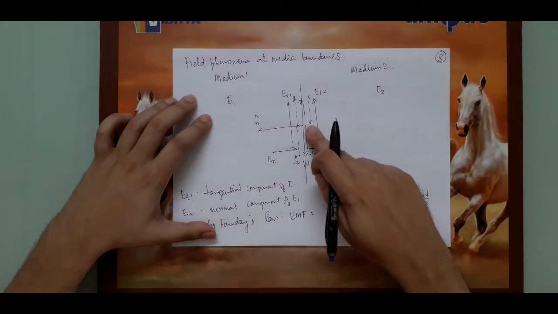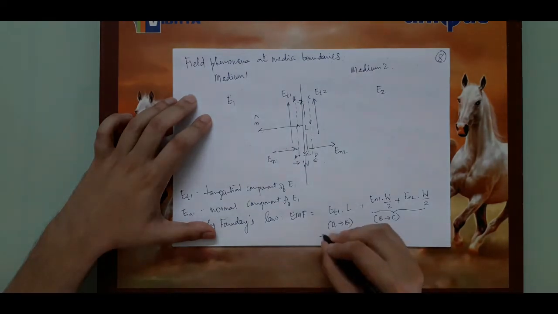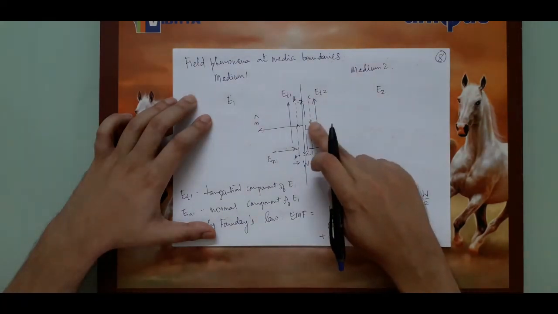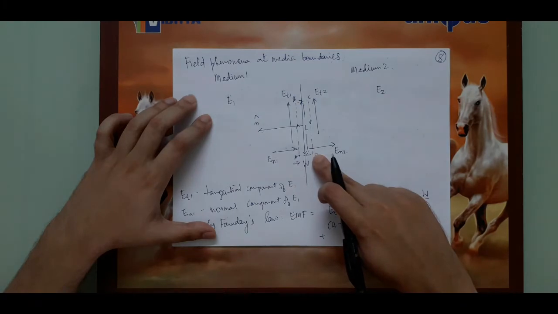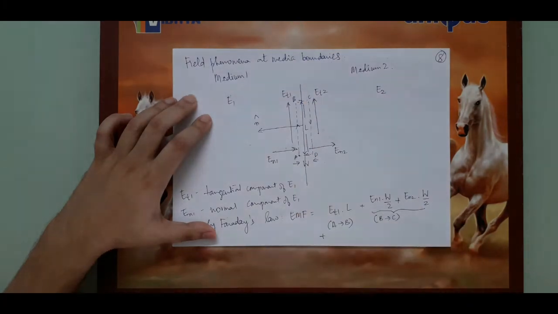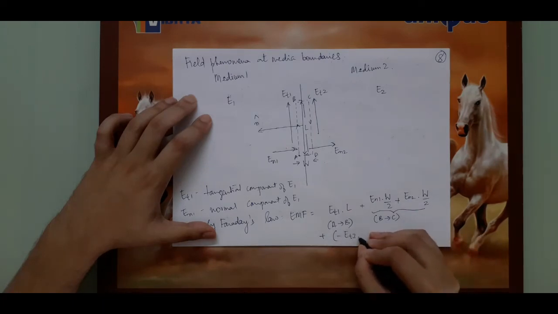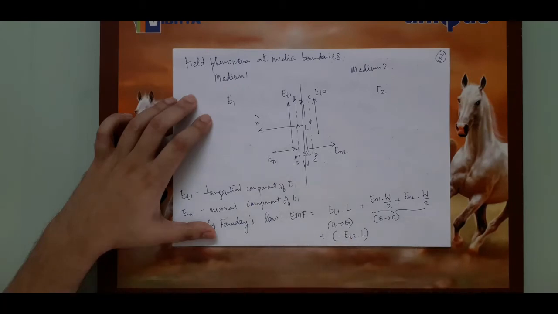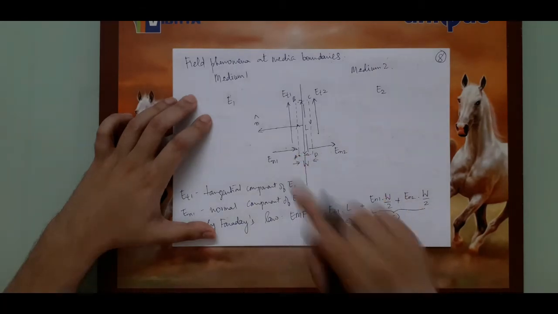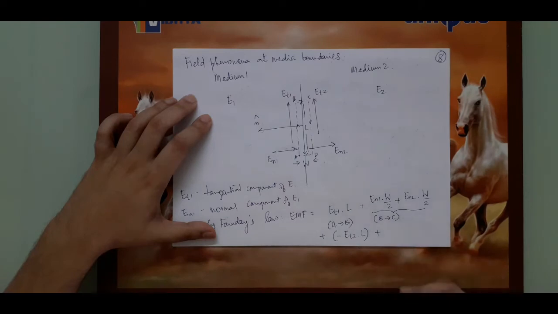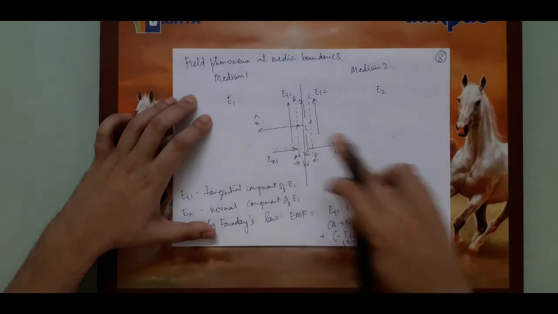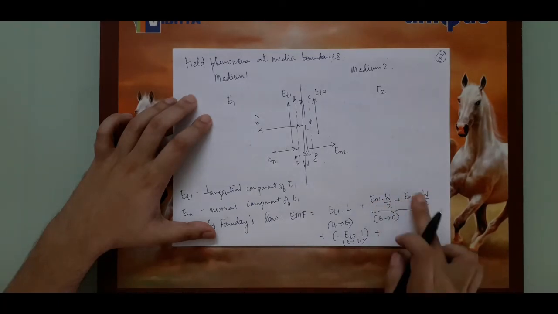Then from C to D, you see that the direction of integration and the direction of the field are opposite. So it will be the dot product with a negative sign. So ET2 times L with a minus sign. Now again from D to A, it will be very similar to B to C except with a minus sign.